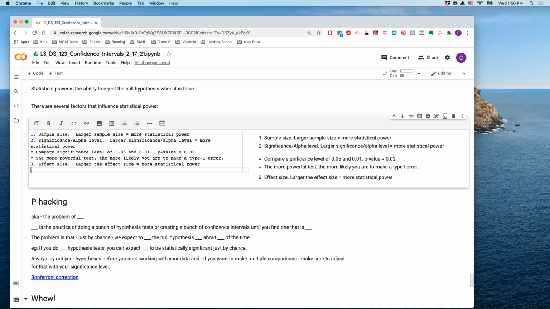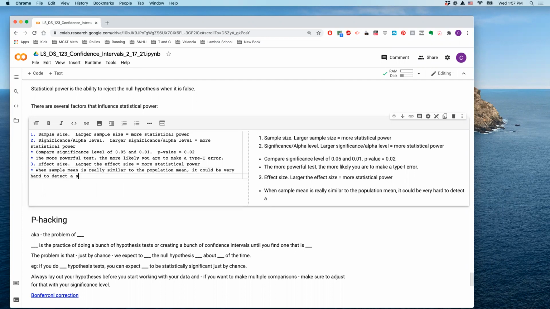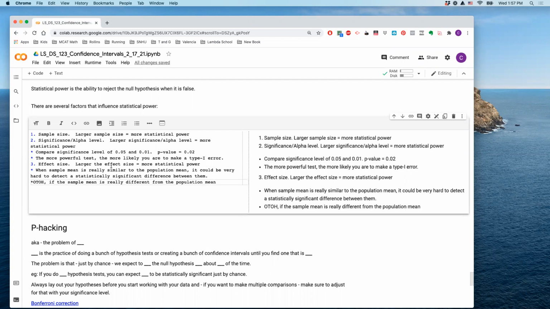So when the sample mean is really similar to the mean under the null hypothesis, it can be very hard to detect a statistically significant difference between them.